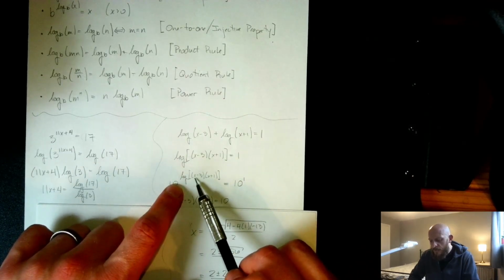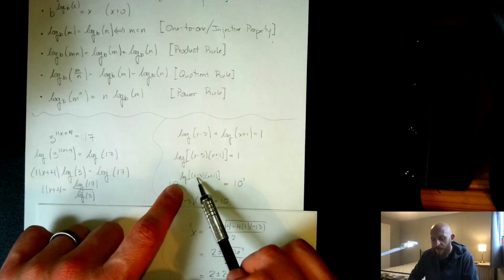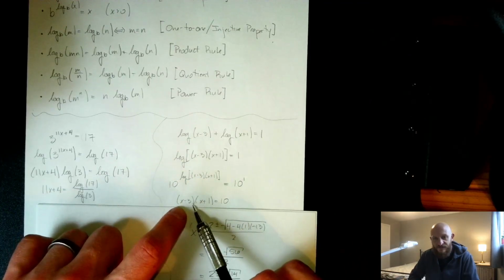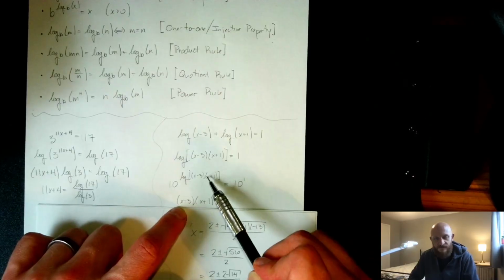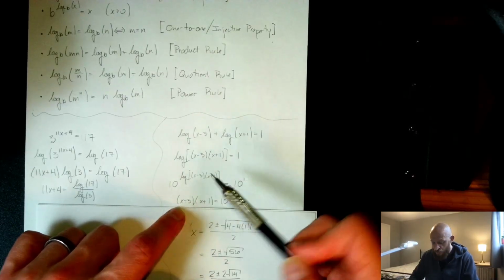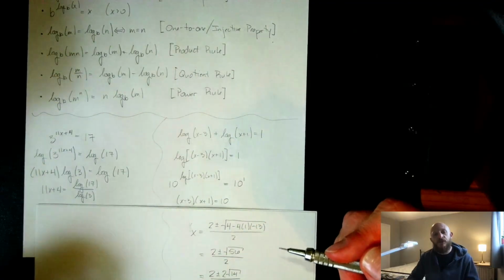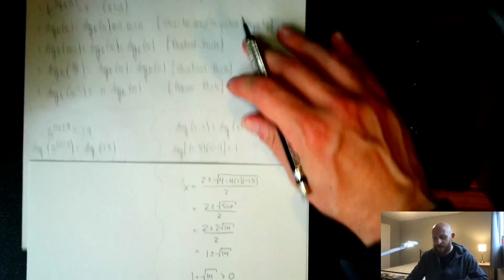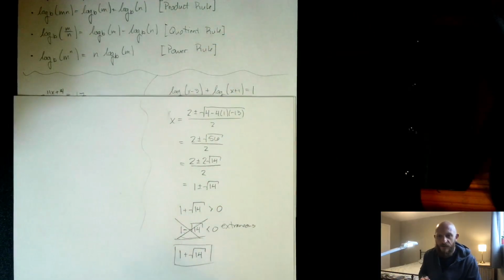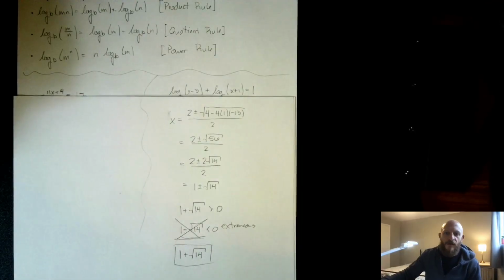It could potentially have two solutions, but it turns out that one of the solutions yielded by this quadratic is extraneous. So you need to make sure when you get to the very end, especially if you have two different solutions like this, that both of them are good. In this case, the only solution is 1 plus root 14. All right, there's that. Let me know if you have any questions.